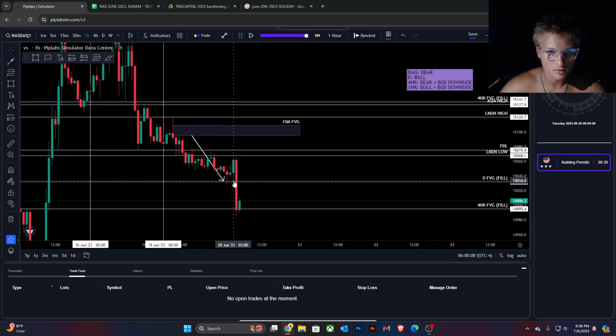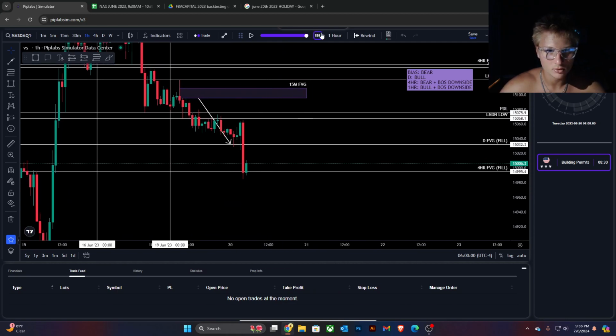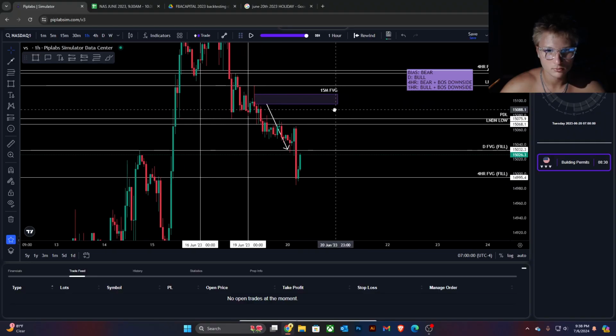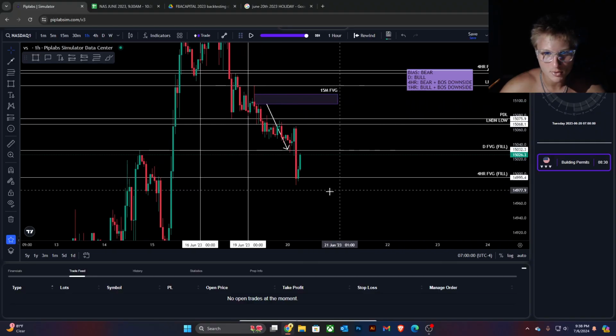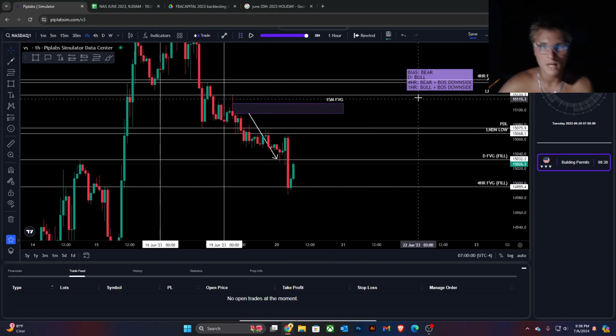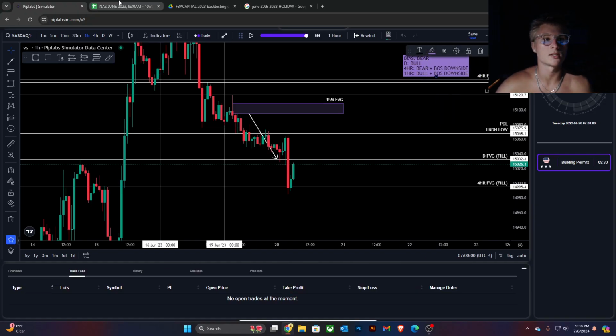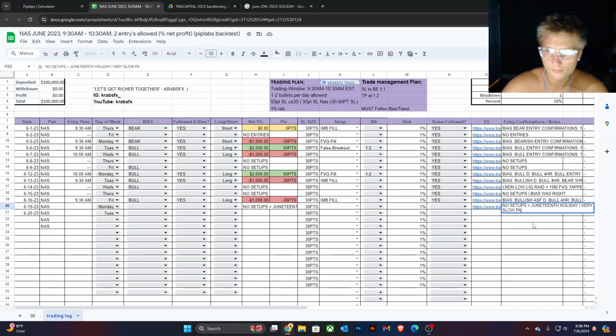London Open pushed down. Filled our gaps though, which bias was correct once again. I'm gonna mark that up. Bias was correct.